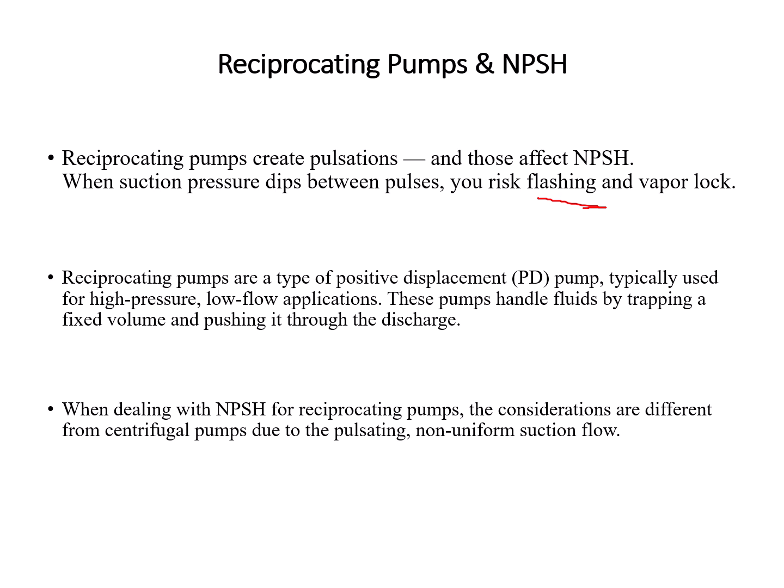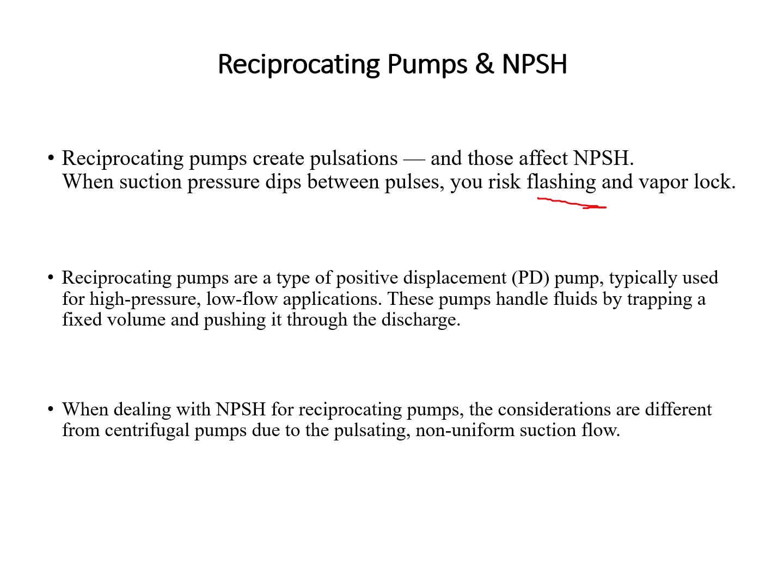Reciprocating pumps are a type of positive displacement pump, typically used in high pressure, low flow applications. These pumps handle fluid by what? By trapping a fixed volume and pushing it through the discharge. That's why we say that positive displacement pumps work at constant flow rate but varying head.